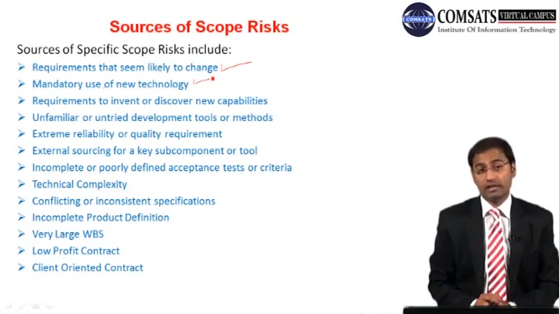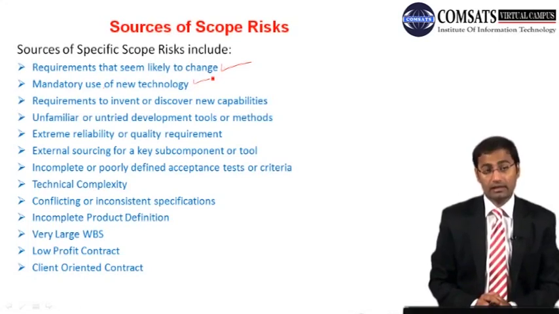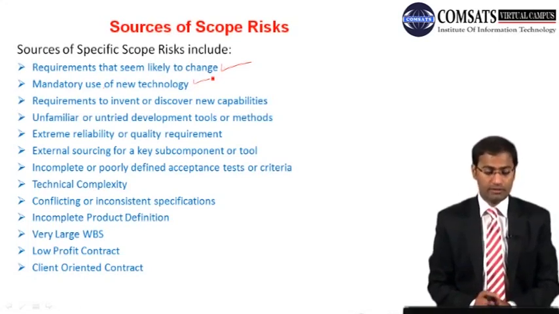You haven't worked on that before, but I want you to. I am also very much interested that my building should be completed, but I just want that methodology adopted on my project as well. So that is a source of scope risk.